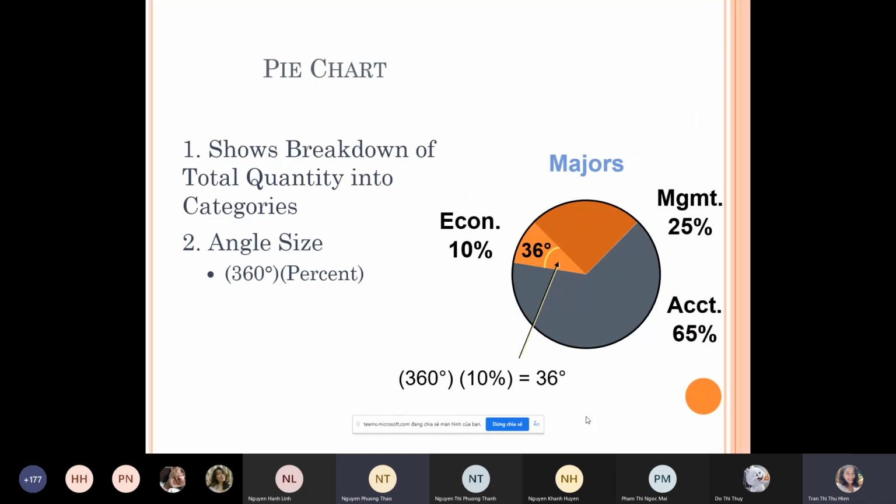Okay, so the next part is another way to present the data. It is the pie chart. The pie charts provide another graphical device for presenting relative frequency and percent frequency distributions for categorical data.